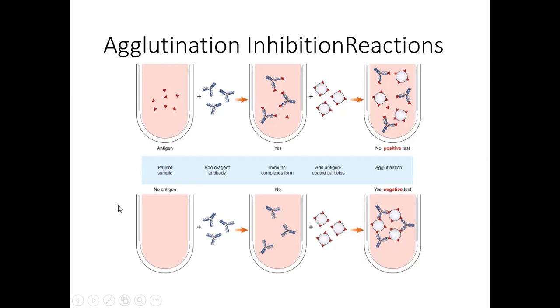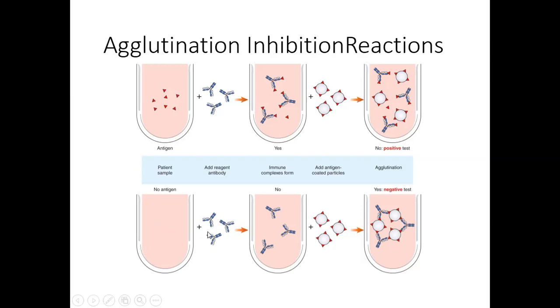Let's look at an example where there's no antigen. In this case, the patient sample has no antigen. It doesn't have any of the pathogenic material there, the foreign material. But we're still adding that same reagent antibody that we're looking for, let's say against mumps. We're looking to see if the patient has the antigen.